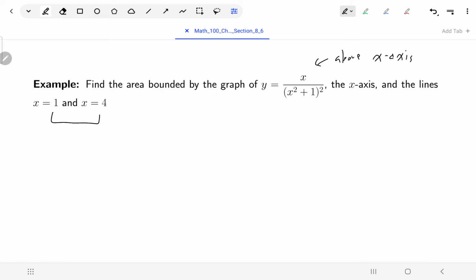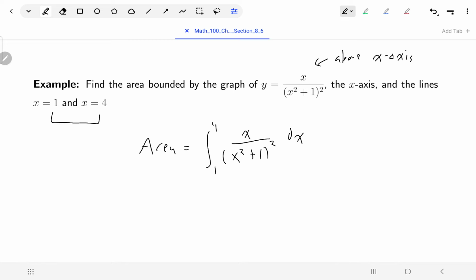I know that between 1 and 4, the numerator and the denominator over that whole region will always be positive. So that means that this function is above the x-axis. So whatever the area is could be expressed as a definite integral from 1 to 4 of that x over x squared plus 1 squared dx.